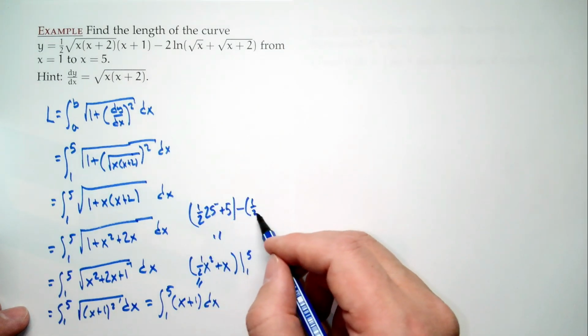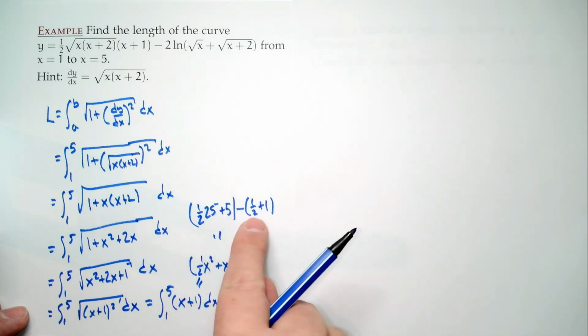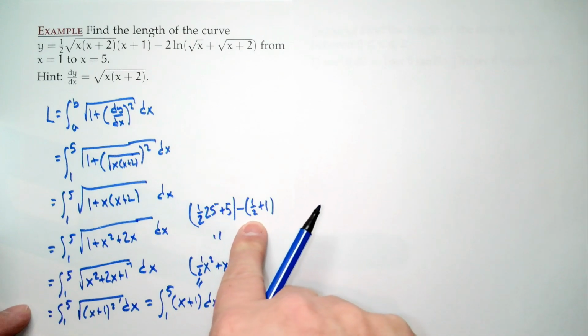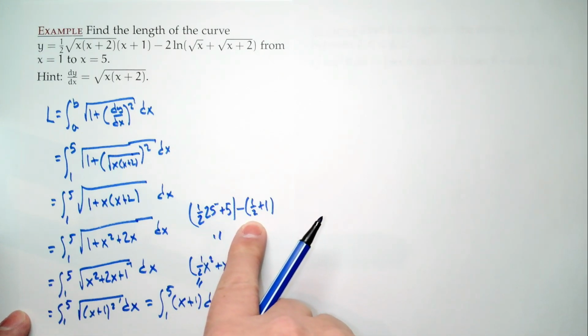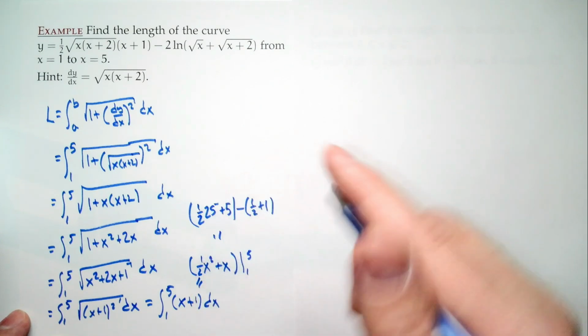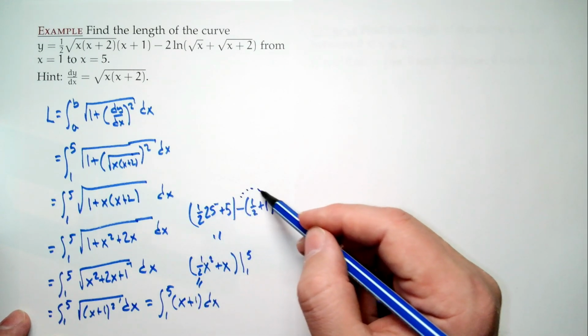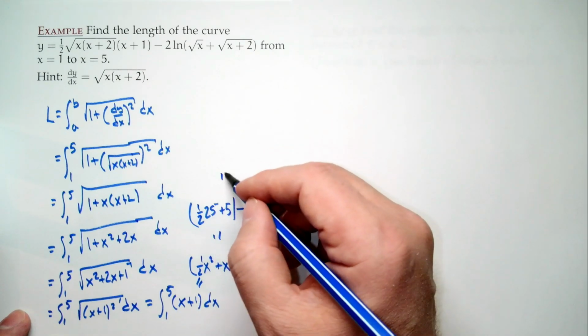Subtract 1/2 plus 1. Well, if you take 25 halves and you subtract 1/2, how many halves are you left with? 24 halves, also known as 12. Add 5 to that, you get up to 17. And then don't forget, you also have to subtract the 1, giving us 16.